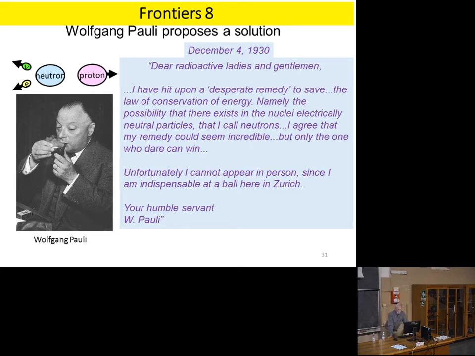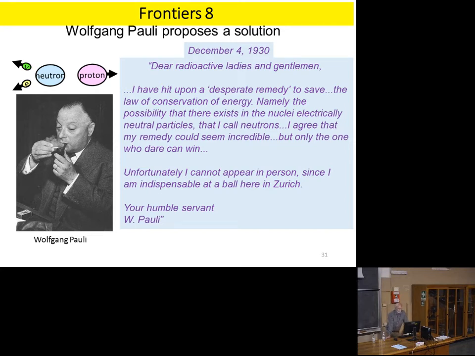Dear radioactive ladies and gentlemen, I've hit upon a desperate remedy to save the law of conservation of energy. Namely, the possibility that there exists in the nuclei electrically neutral particles that I call neutrons. At the time, people just thought the nucleus was made of the protons and electrons somehow making up the nucleus.